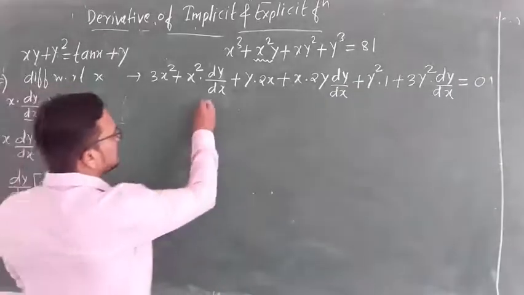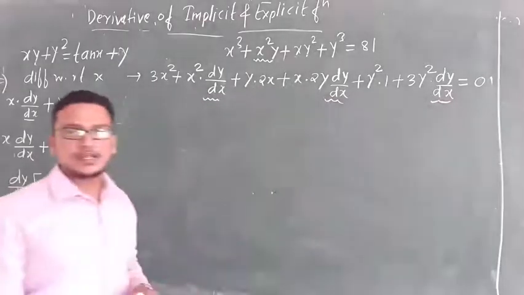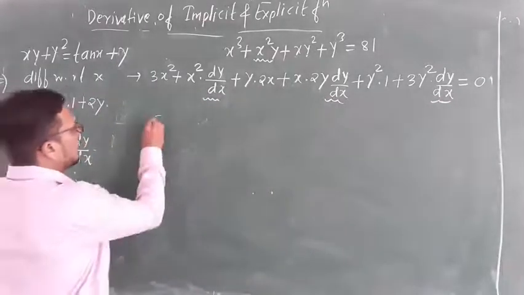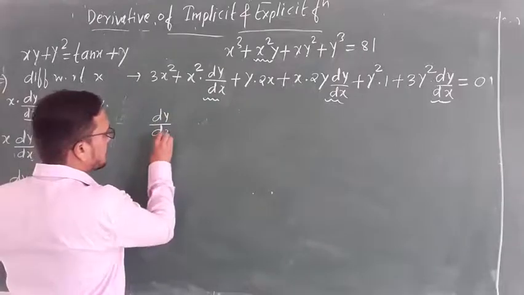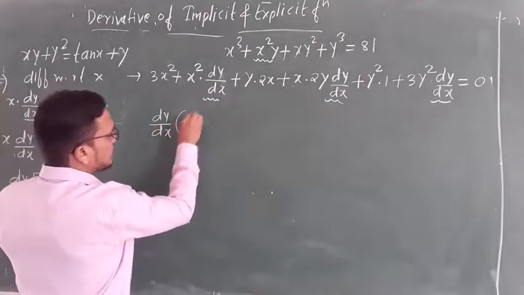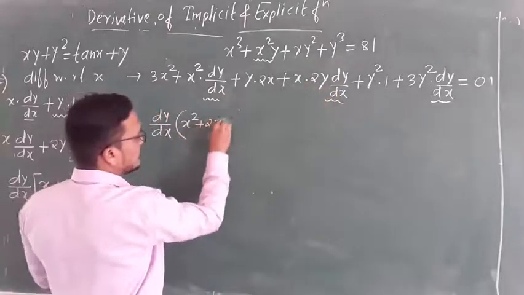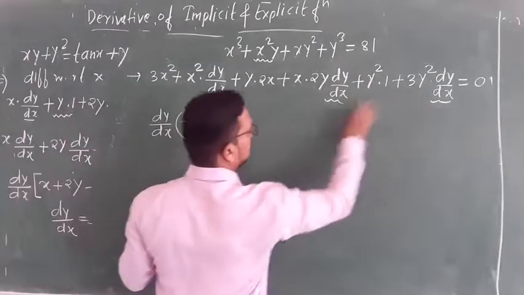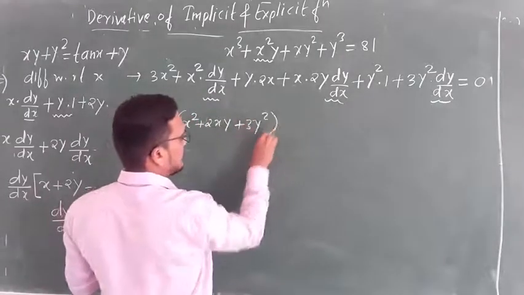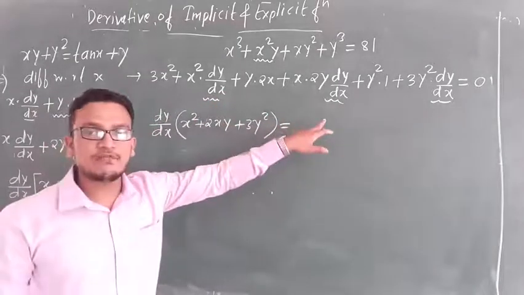Now if you observe here, and here, there are three dy by dx terms. So therefore if I take dy by dx common from the three terms, then what is left here? Here it is x square, in this term 2xy, plus here 3y square, which is equals to, now I underlined the terms which have dy by dx.